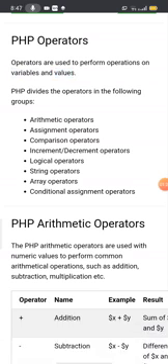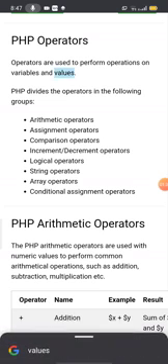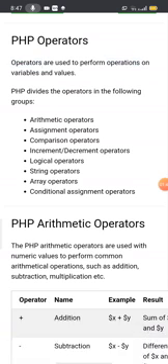Both things we know. Variables, like variable x, variable a, variable abc, whatever it may be, and values, numbering systems, whatever value will be there for the variables. But it is going to perform the operations on variables and values. So we are going to use PHP operators over here.